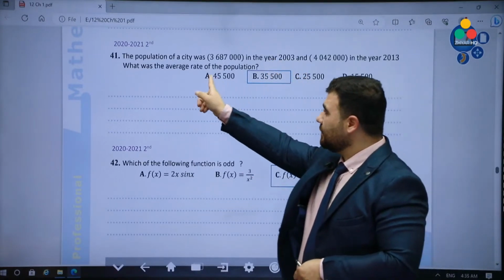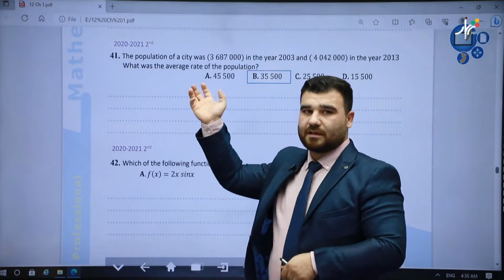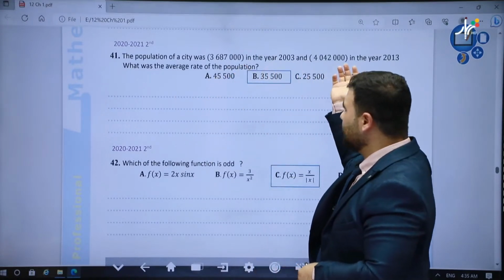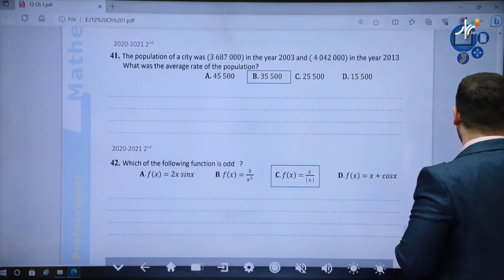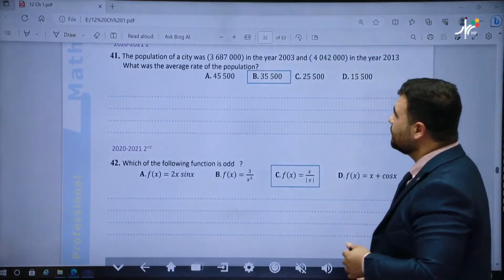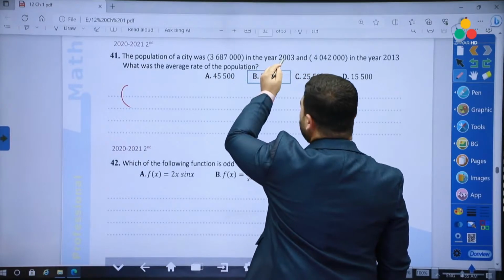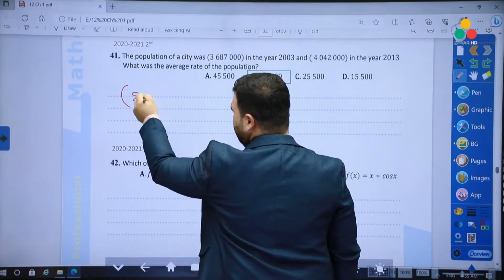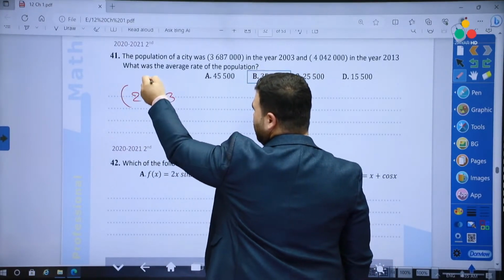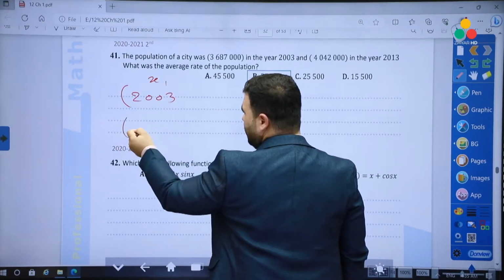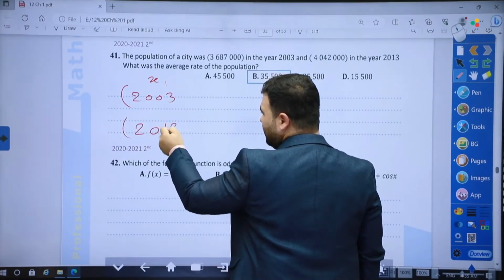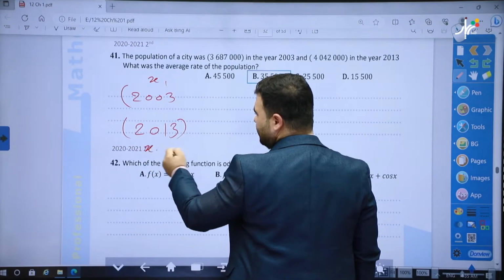Now, this rate is slope because we have 2 points and we simply find the slope between them. The points, we said, make the time x. That's 2003. This is x1. And in the other point, 2013, this is x2.